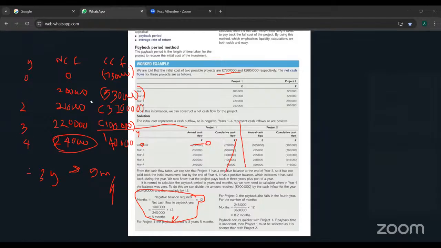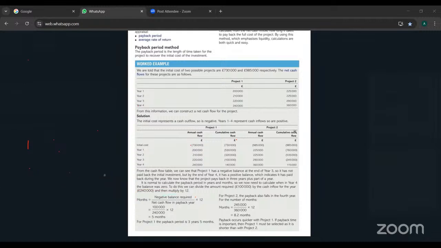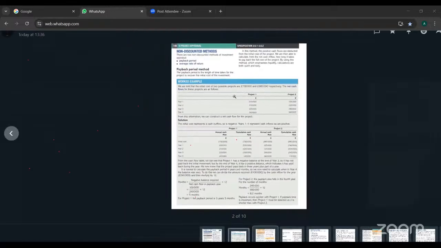So now let's start the next method. Sorry, before that, we'll study the advantages and disadvantages.